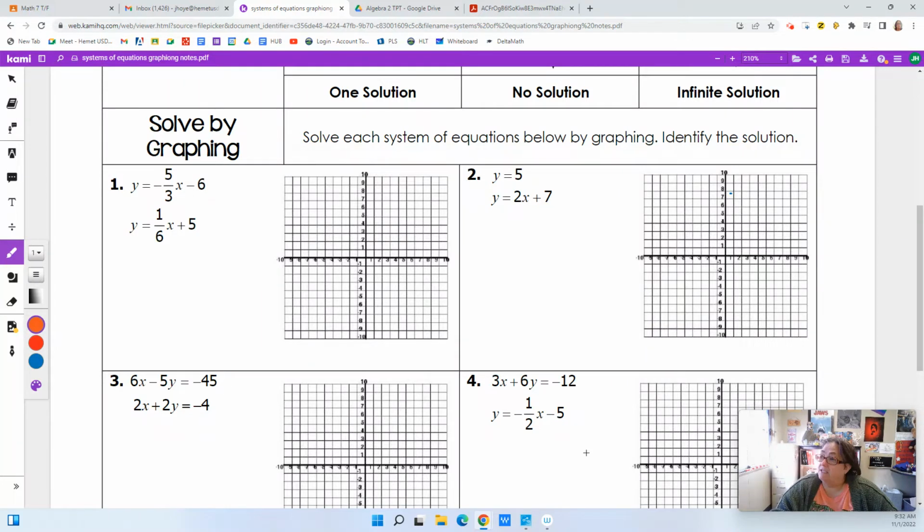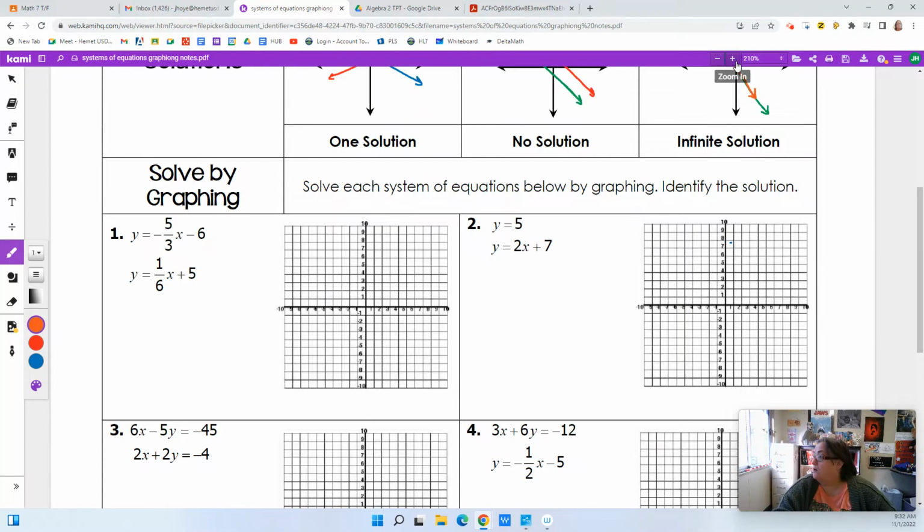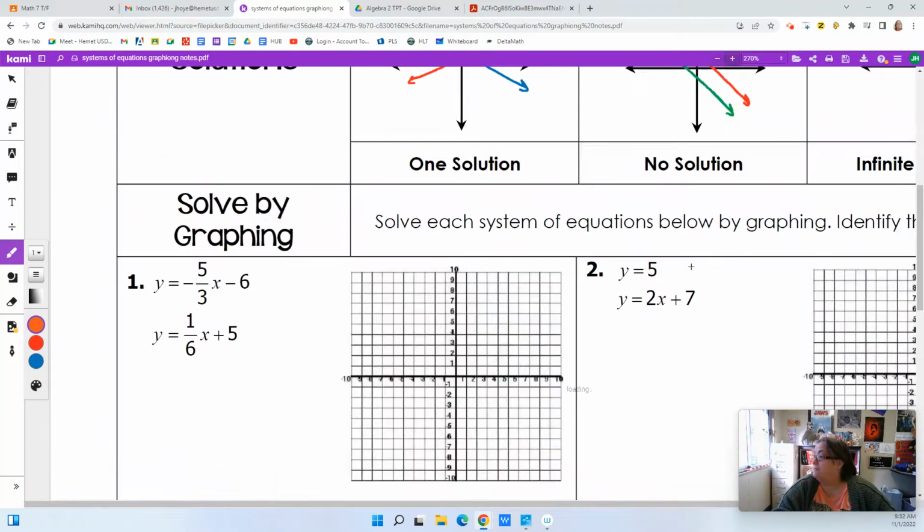Notice that these first lines in number 1 are in slope-intercept form, the y equals mx plus b form.